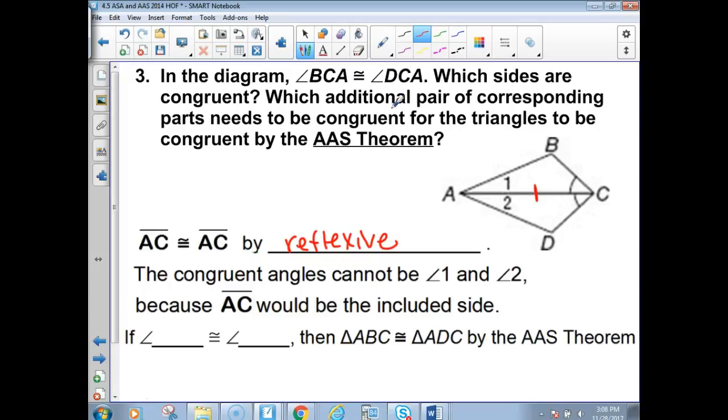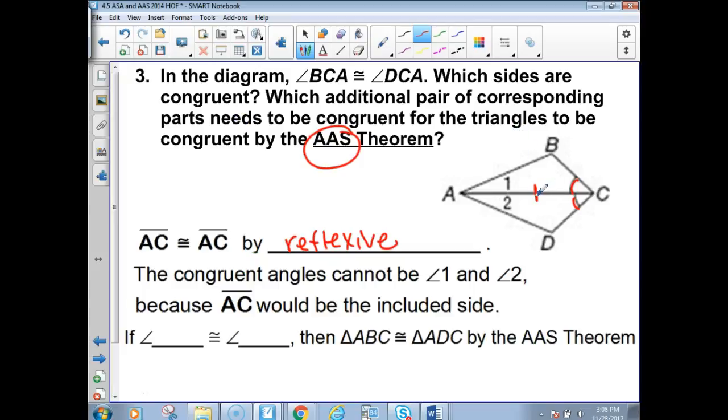It says in this diagram that BCA was congruent to DCA, which was already marked for us. Now, what additional pair of corresponding parts needs to be congruent for the triangles to be congruent?